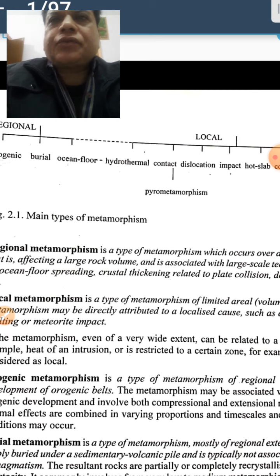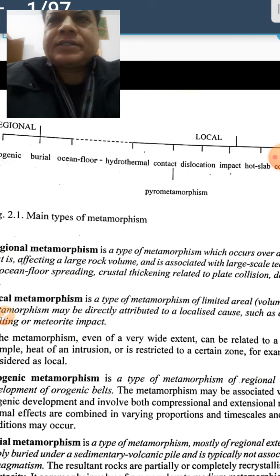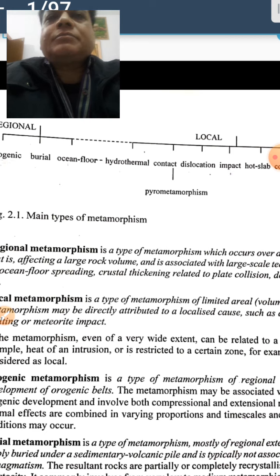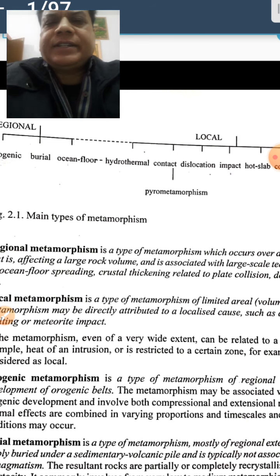Metamorphism is a process involving changes in the mineral composition and/or microstructure of a rock, that is your texture, dominantly in the solid state.